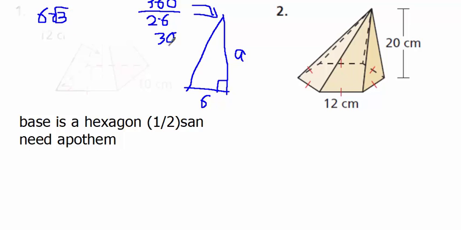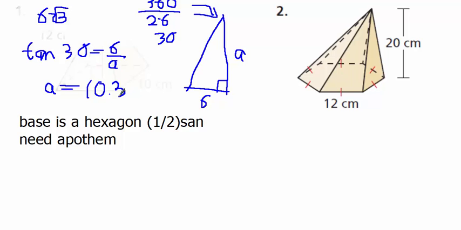But if we do trig on this, you would get the tangent of 30 equals 6 over a, giving me an apothem of 10.39.